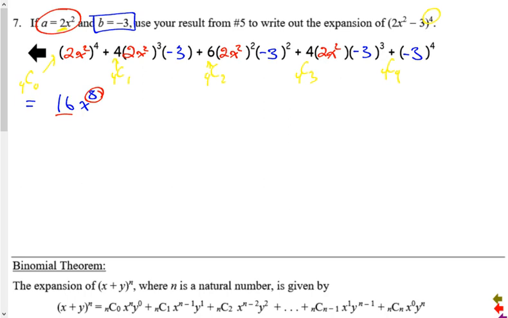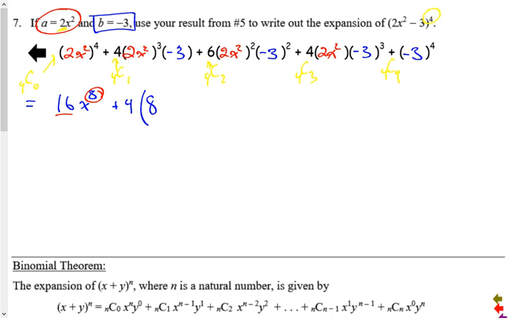Oh, because I start with my a to the fourth, b to the 0. So negative 3 to the 0 is just 1. So that term doesn't show up here. We're good up till there. Okay, next I have the 4 times 2 cubed is 8.